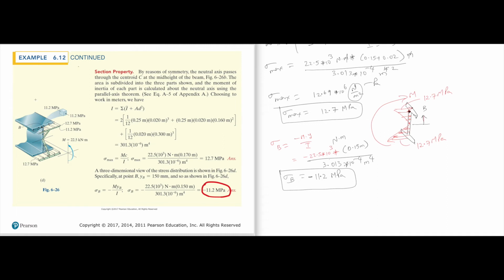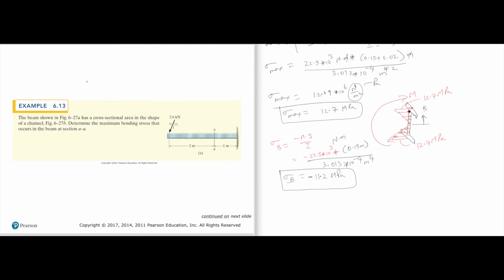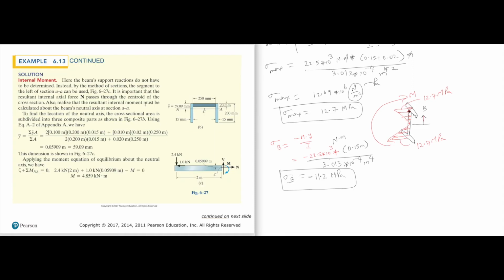Okay, so next question. There is a beam. The beam shown in 6.27 has a cross-sectional area of a channel, and the cross-sectional area is given like this.